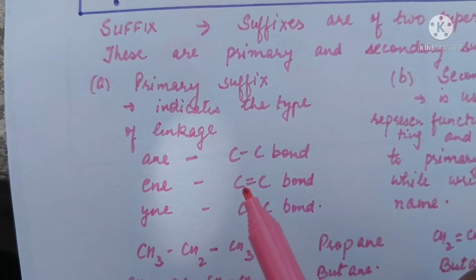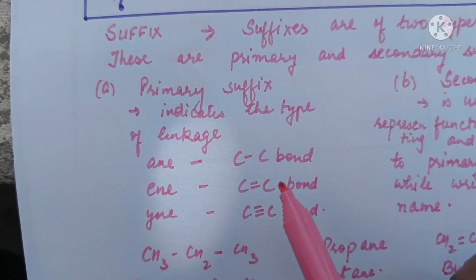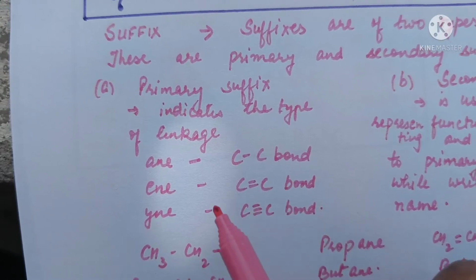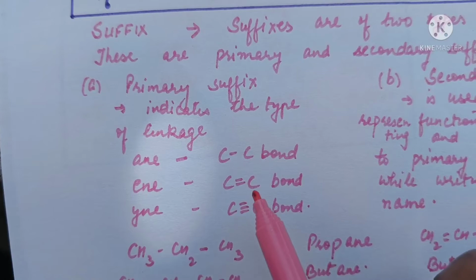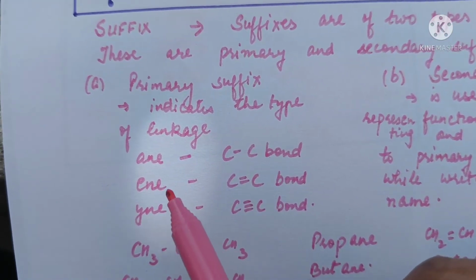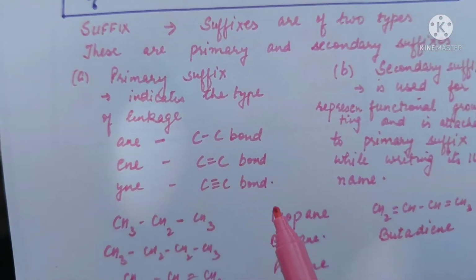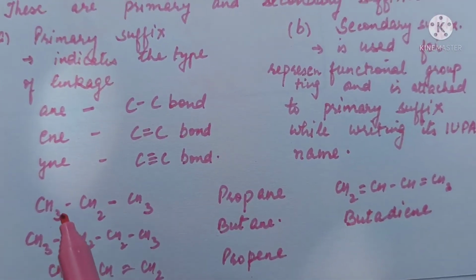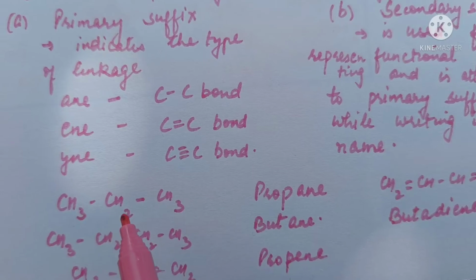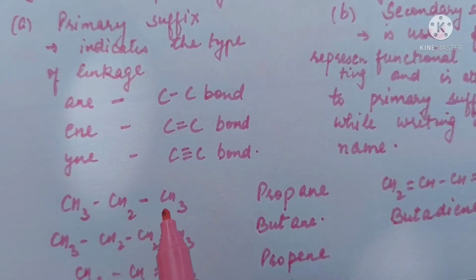If the number of double bonds is more than one, then the numerical prefixes are used: di for 2 double bonds, tri for 3 double bonds, tetra for 4 double bonds, and so on. For example, in this compound, all the carbon-carbon bonds are single bonds.